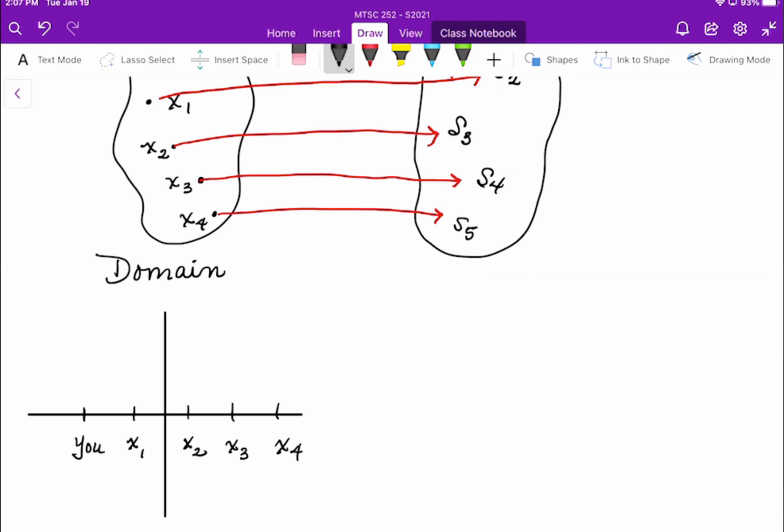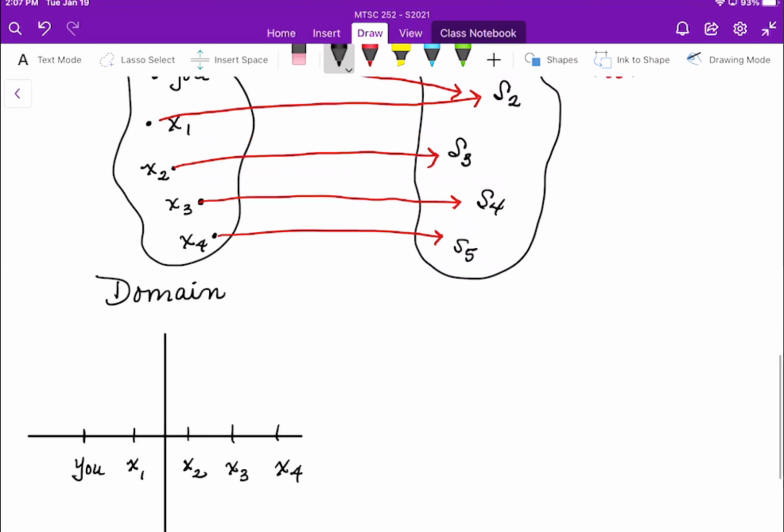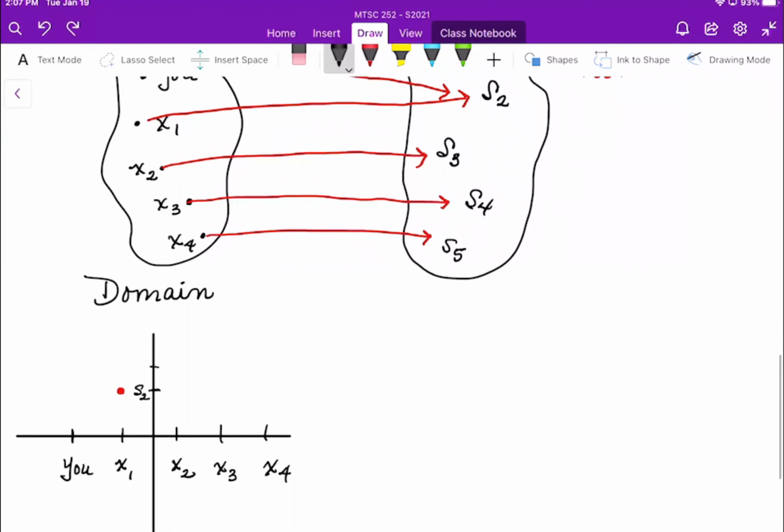So x1 is at S2, that would be like here. And x2 is at S3. And this one is up here, and maybe this one is there. But notice these two have the same value.